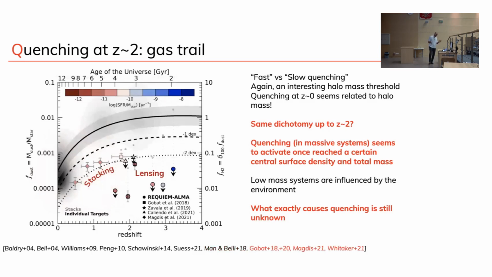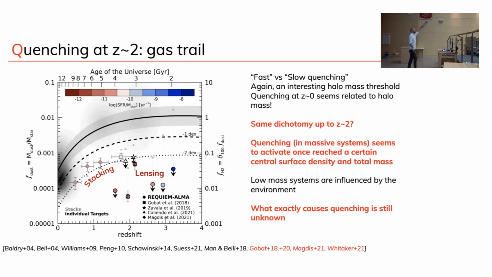But maybe there's a way to try to figure out things, which is, well, we know that stars are formed out of gas, so why don't we look for gas in galaxies that recently died, or galaxies that died sometime. So this morning we heard about redshift 0. Here, there are galaxies that are quiescent, so they're not forming a lot of stars, but they do have some gas. So this is like a 1% gas fraction, and this is converted into dust.